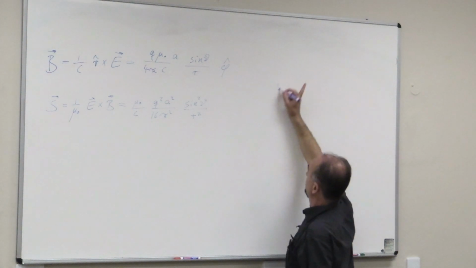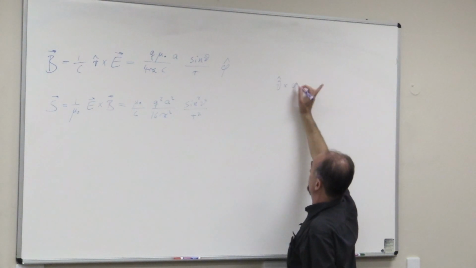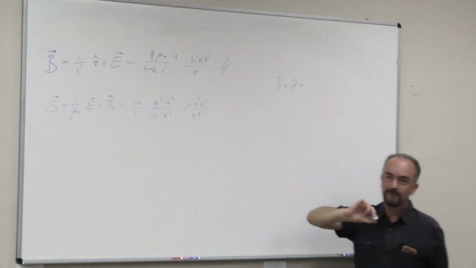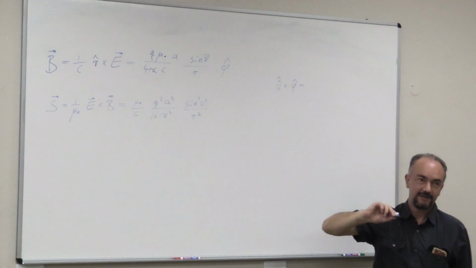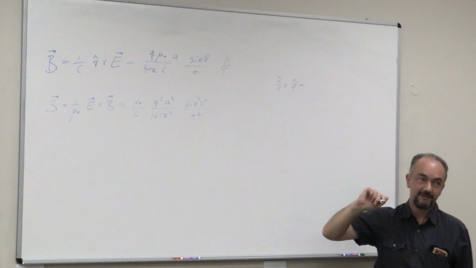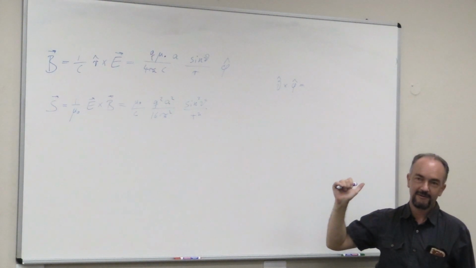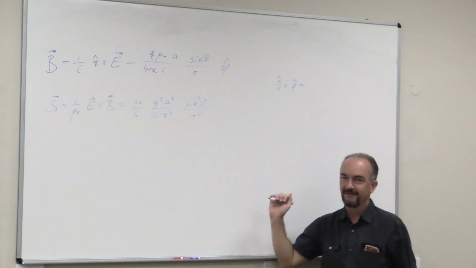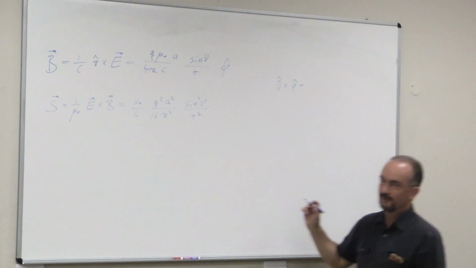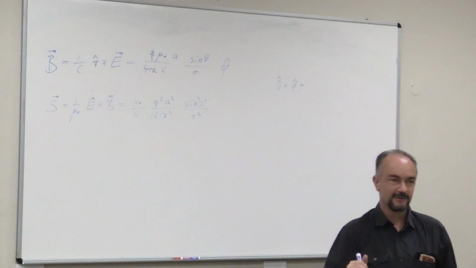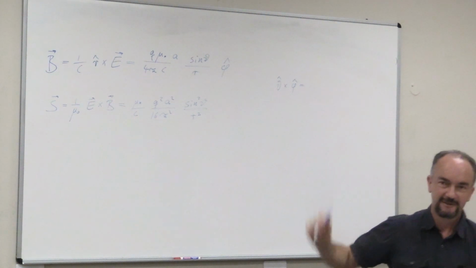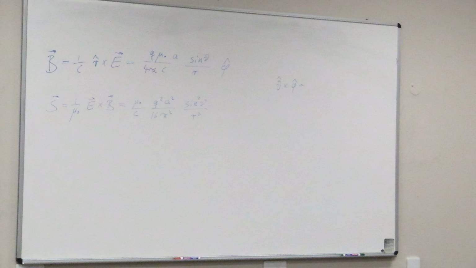So we have to look at theta cross phi. Where's that pointing? The z direction. Is that no? Ah. It's in our direction, right? You have your orthonormal basis, r, theta, phi, right?